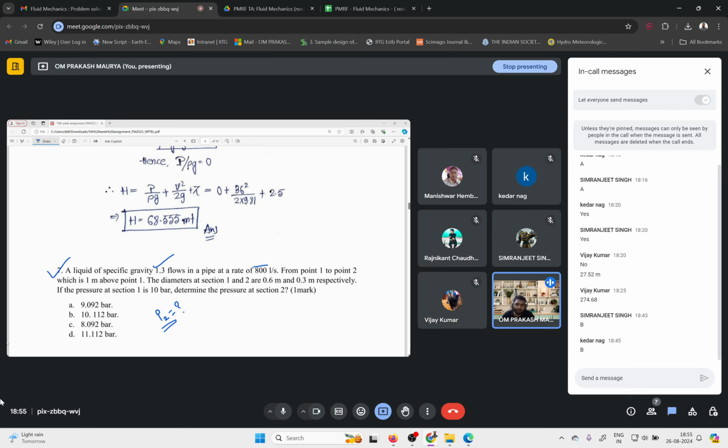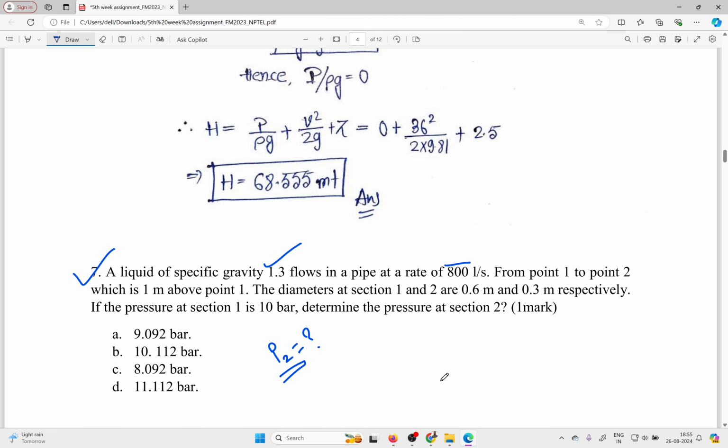So actually you will apply here the Bernoulli equation. Let me draw what the question is telling, then you can easily get it.